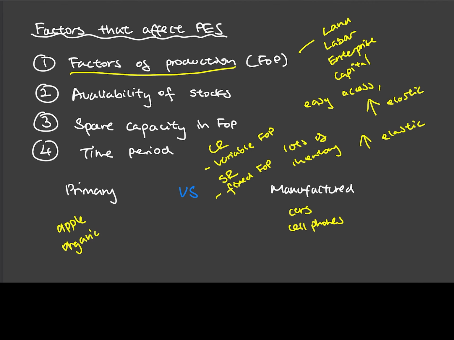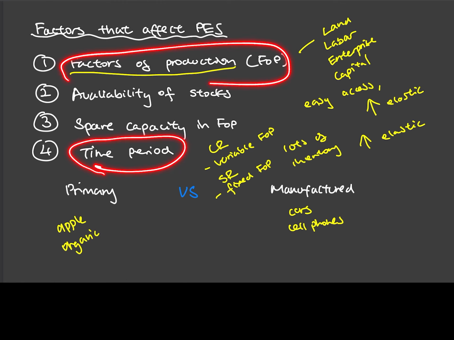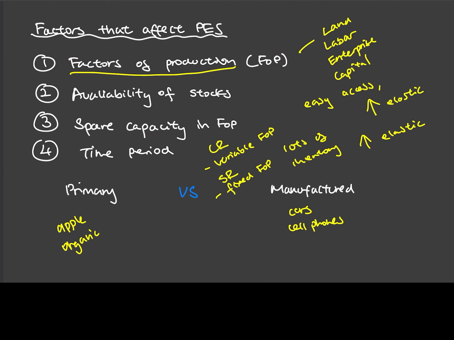Let's talk about why primary goods are inelastic when it comes to PES. The primary reason is the time period and also factors of production. Let's take the apple. To grow an apple, you would probably need around 3 or 4 months. Let's say one day the apple price suddenly goes up by 30%, and you want to grow more apples. But where are those apples going to come from?